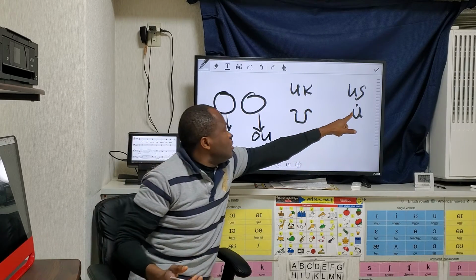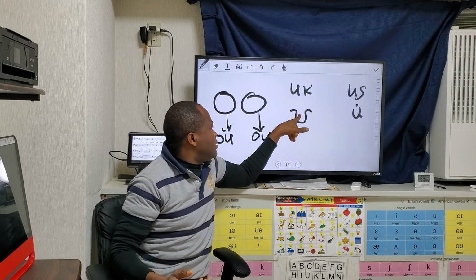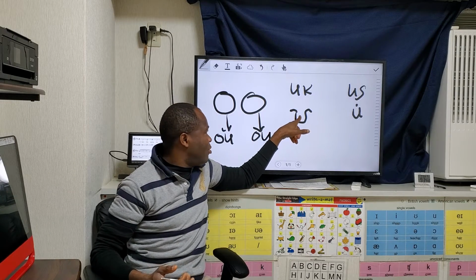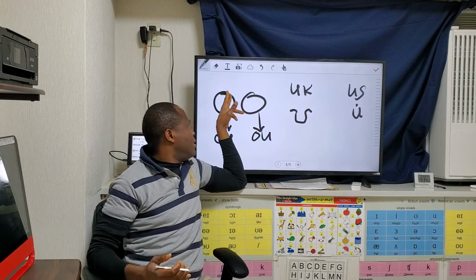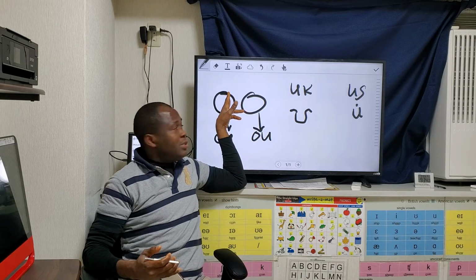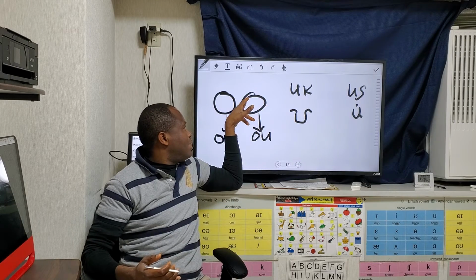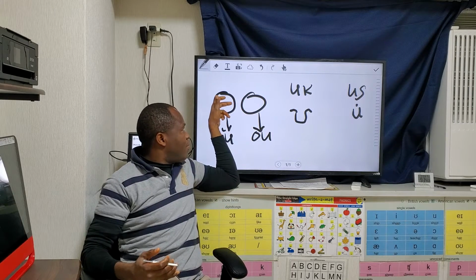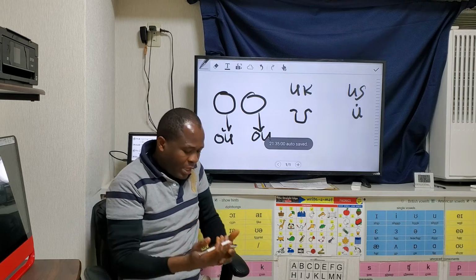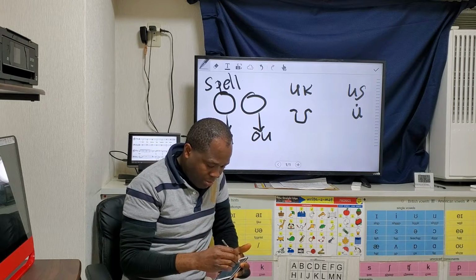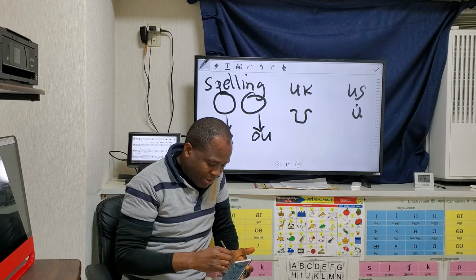Look at this, U with a period on the top. This is just a symbol. It's not an alphabet, not a letter. It's a symbol that represents the grapheme OO. This is the sound and this is the grapheme, the spelling, which is the same as grapheme.